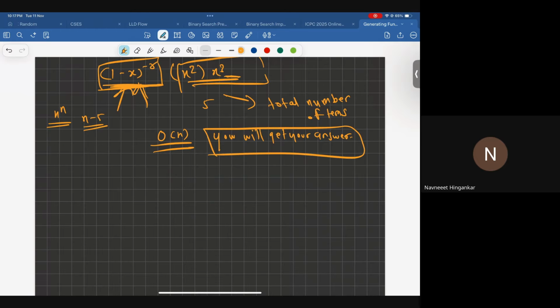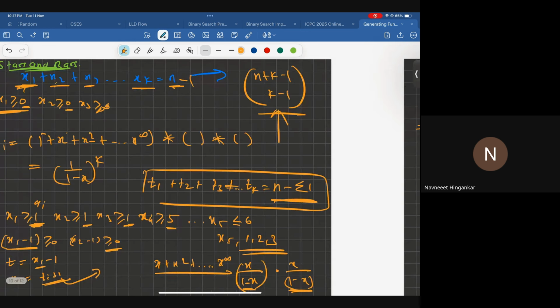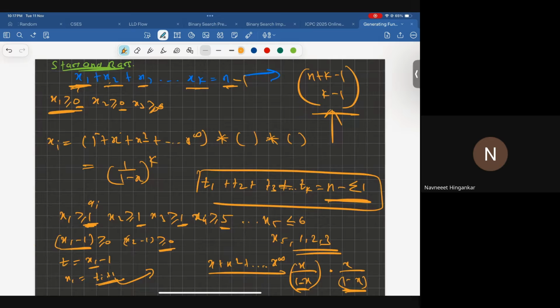Now if you try to solve this with dynamic programming, the thing will get very complex. But instead, all you do is write whatever possible solution in terms of powers. If x5 can take only 1, 2, and 3, just write x5 as x plus x square plus x cube, and multiply those polynomials. That's it.